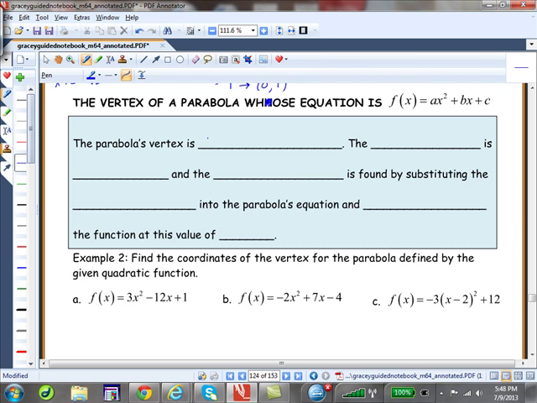What happens is the vertex, it turns out, will be negative b over 2a, comma, the function evaluated at negative b over 2a.